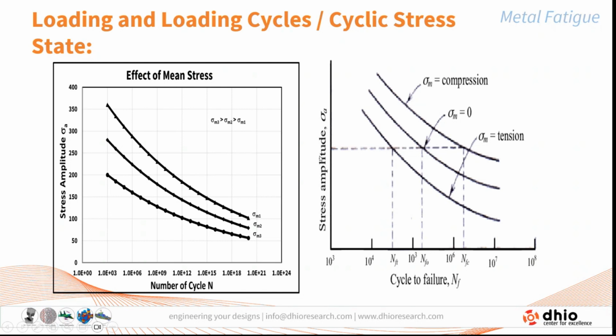Now you can see that at a specific value of the stress amplitude, we have 3 different failure values: when the mean stress is tension, that gives you a smaller number of cycles. When the mean stress is 0, it is intermediate. And when the mean stress is compressive, it gives a high number of cycles to failure.